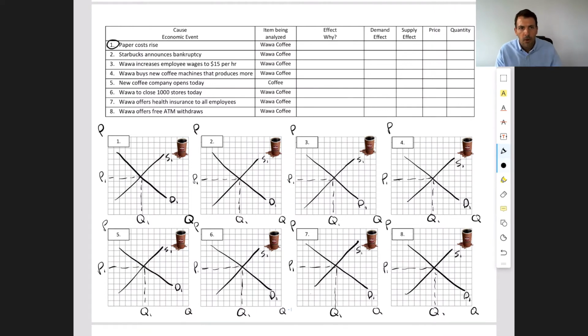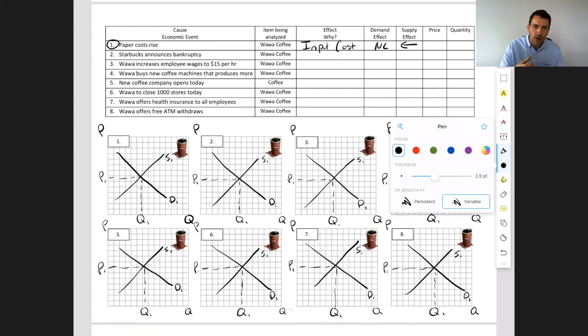All right, number one is paper costs rise. Remember, there are four things that can shift the supply curve: input costs, technology, number of sellers, and expectations. When you think of expectations, think of seller expectations. Paper is an input into not coffee, but obviously your coffee cup.